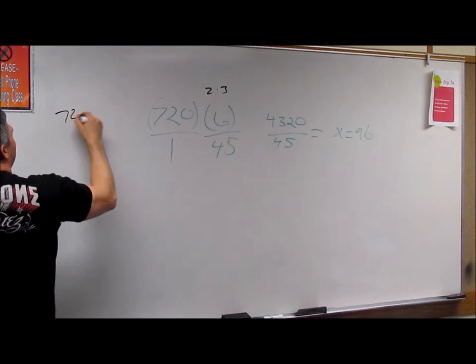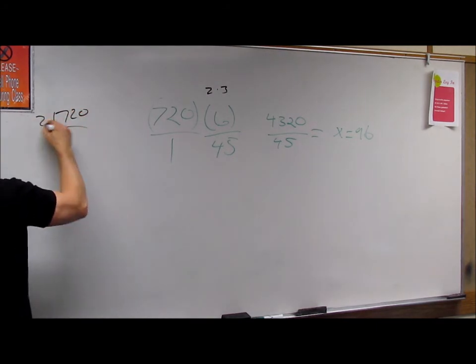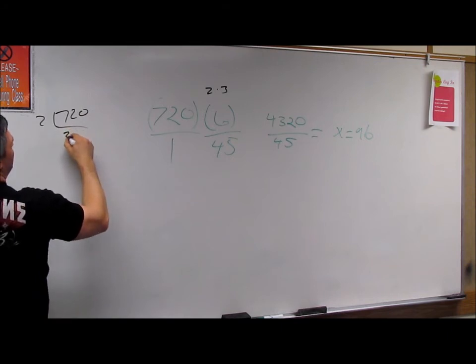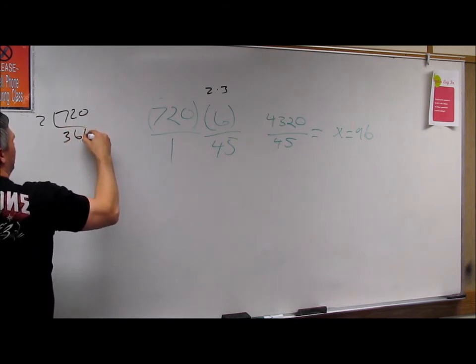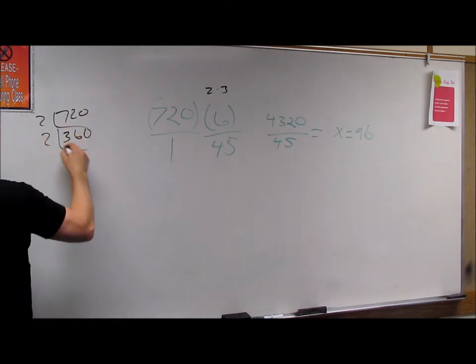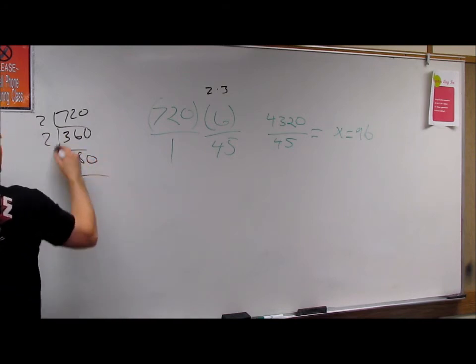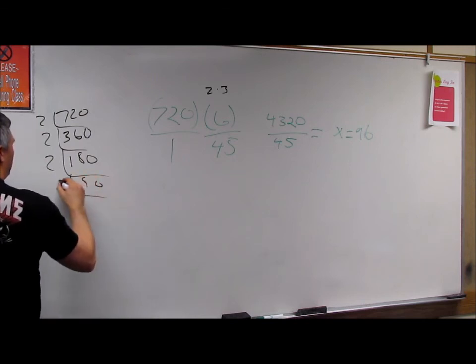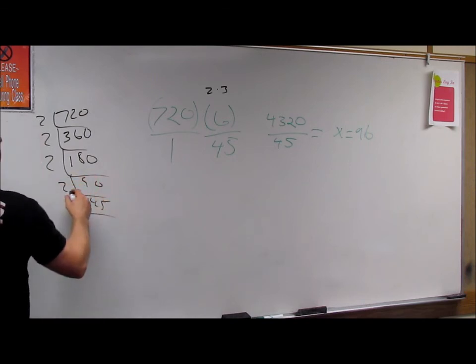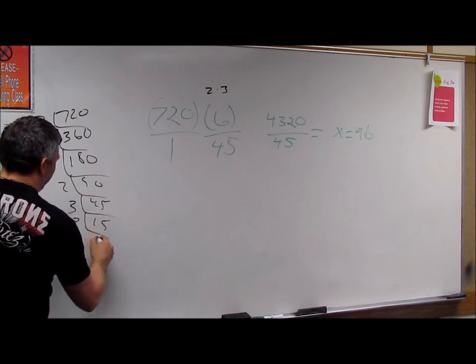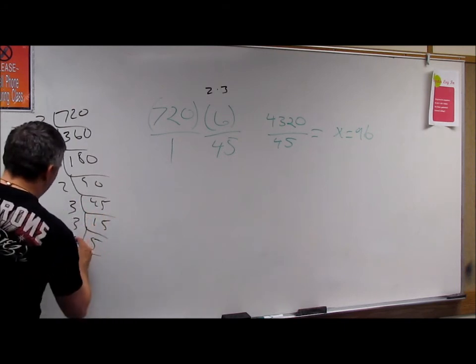You break down 720: 2 and 360, 2 and 180, 2 and 90, 2 and 45, 3 and 15, 3 and 5, and 5 and 1.